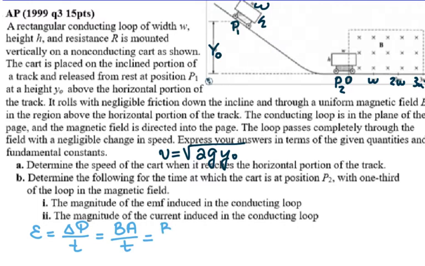The area is the height times the width over the time, and the width over the time is the velocity at which it's moving, the one that we just found out. So that will give me BH, and instead of W over T, I have the velocity that I just found.